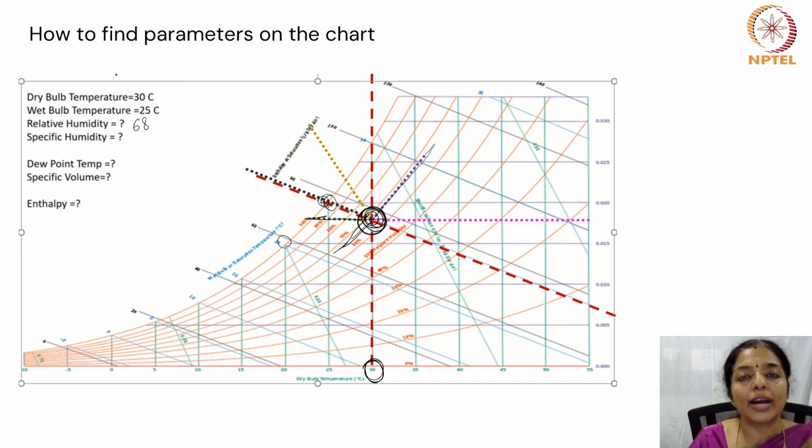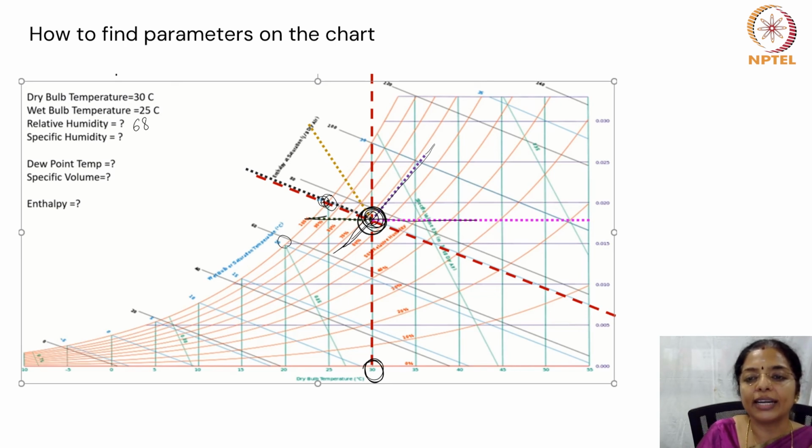Suppose you have to find the specific humidity. You draw a horizontal line along the specific humidity line, starting from the intersection point till the end where the values are.